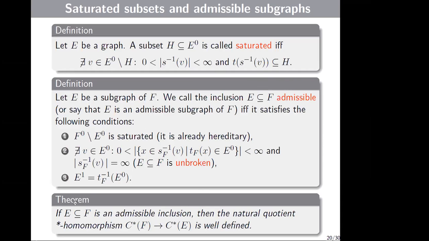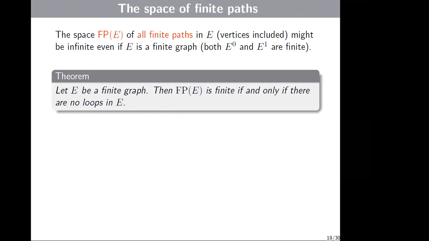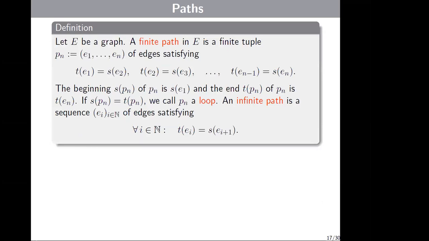What you really should bear in mind, this is your take-home message, is this theorem: if the inclusion of graphs is admissible, then the natural quotient star homomorphism is well defined. And what do I mean by the natural quotient star homomorphism? Let's go back to the definition of our graph C*-algebra.